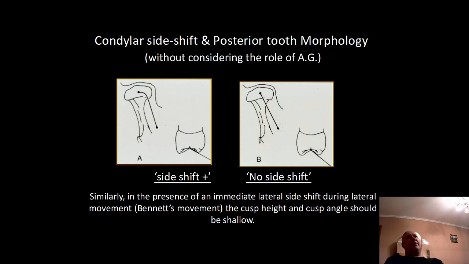Condylar side shift and posterior tooth morphology, without considering the role of anterior guidance. You see side shift plus and side shift minus. Similarly, in the presence of immediate lateral side shift during lateral movement, Bennett's movement, the cusp height and the cusp angle should be shallow.